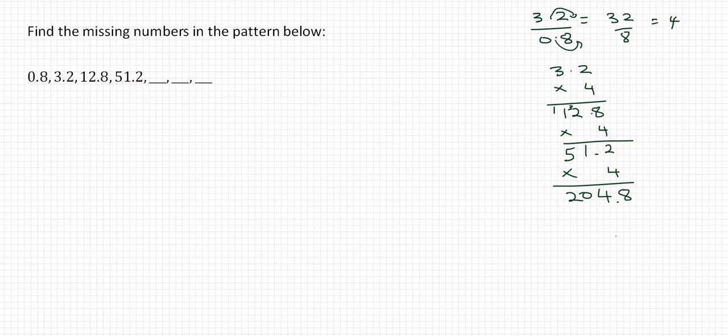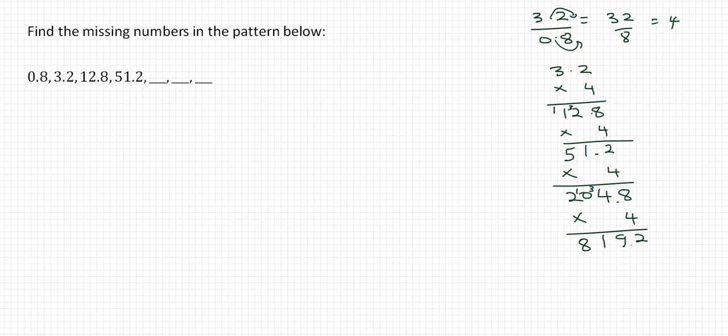One decimal place, multiply by 4 again. 8 multiplied by 4 is 32. We write 2 here, we bring 3 up here. 4 multiplied by 4 is 16, plus 3, 19. We write 9, and then we bring 1 up here. 0 multiplied by 4, 0, plus 1 is 1. And then 2 multiplied by 4, we have 8.